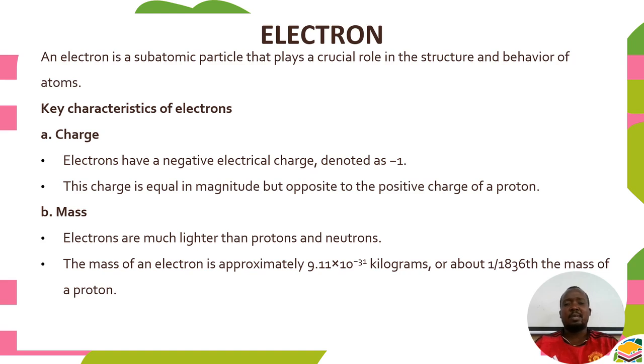In fact, the mass of an electron is approximately 9.11 times 10 to the power minus 31 kilograms, or about 1 over 1,836,000 the mass of a proton. So you can imagine an electron is relatively very light.